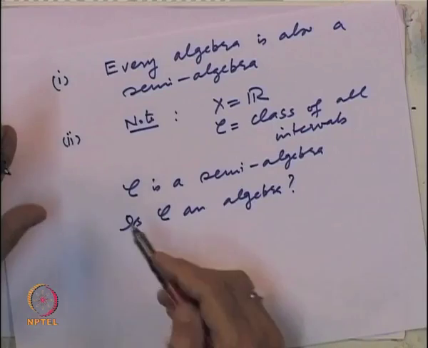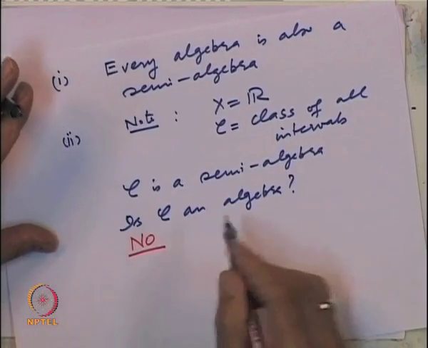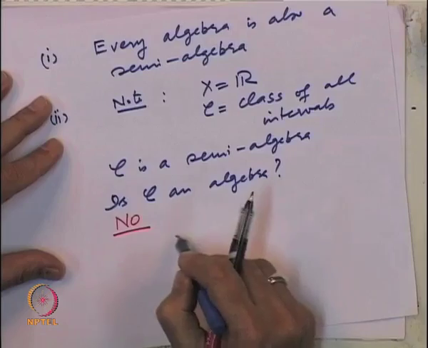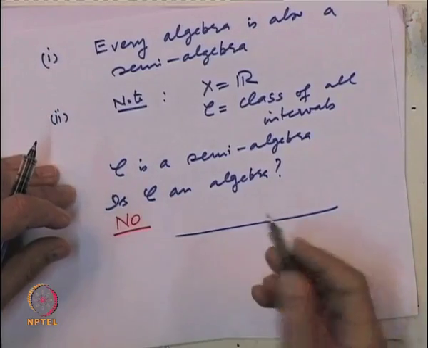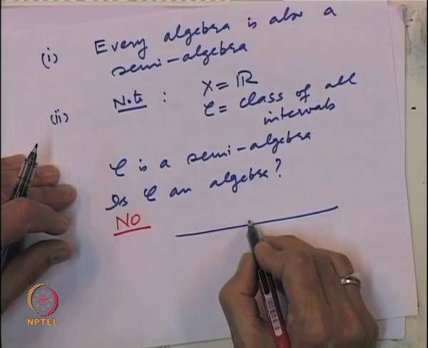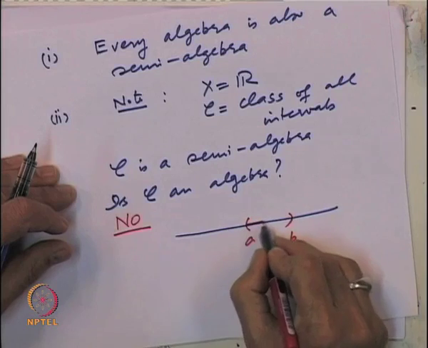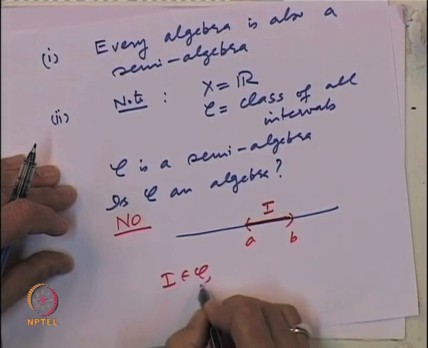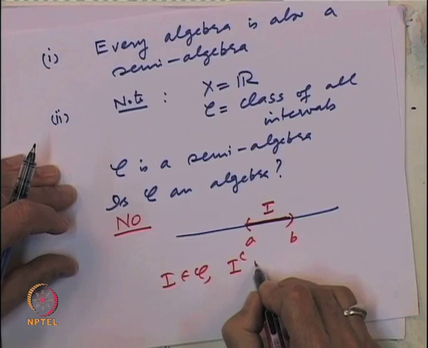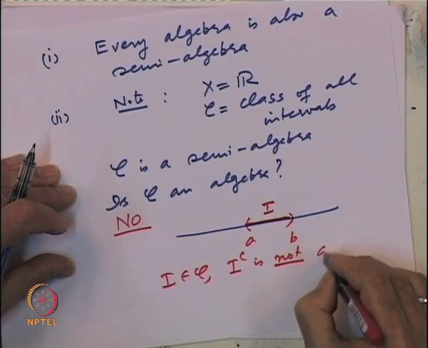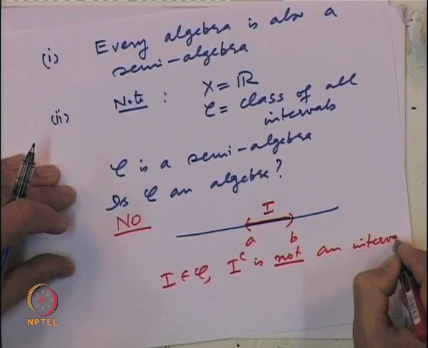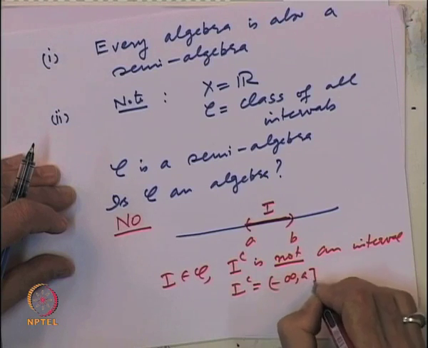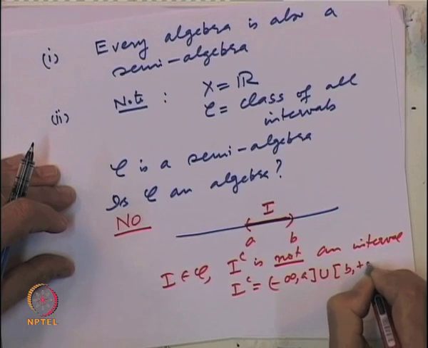Obviously, the answer is no. For example, I can take any interval, say a to b. Let us take this interval a to b, that is my I. So, I belongs to C, but I complement is not an interval, because I complement is nothing but minus infinity to a union b to plus infinity.